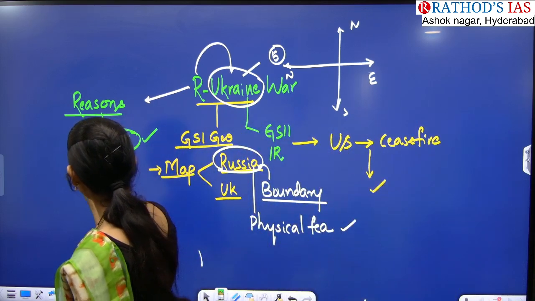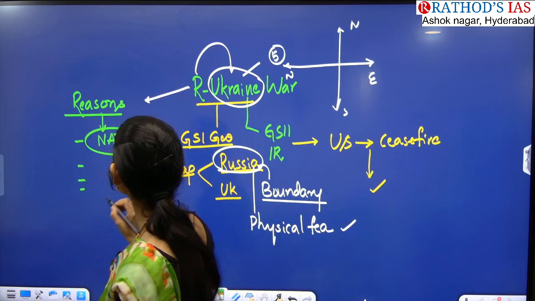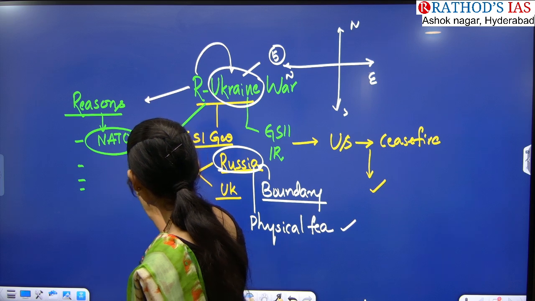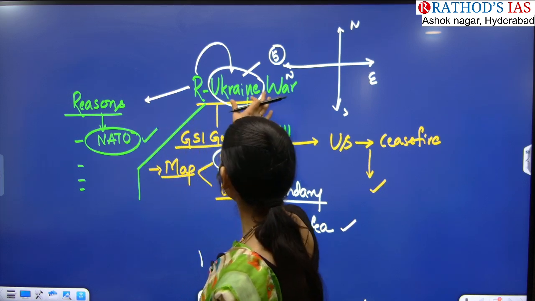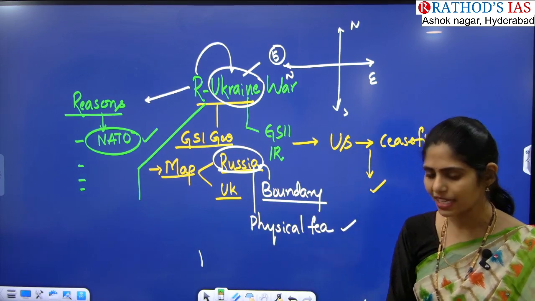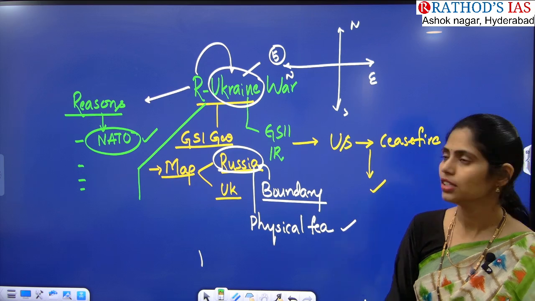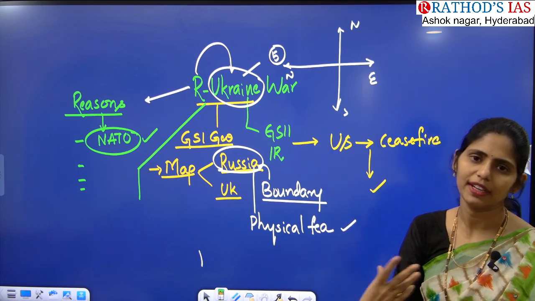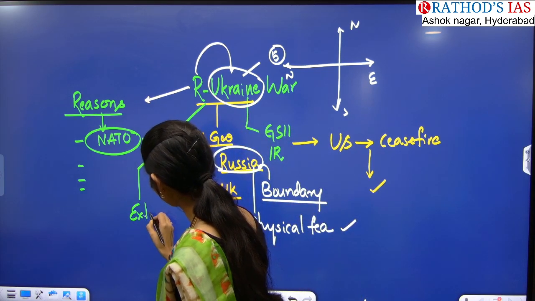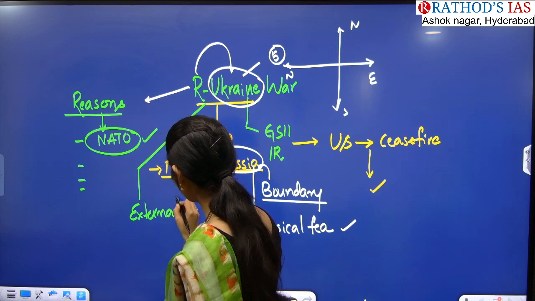Apart from that, you have to make a list of other reasons why the Russia-Ukraine war happened. Next, Ukraine is a very small nation and Russia is a very big nation, but it has been like 3 years that Ukraine is fighting against it. That means Ukraine is getting help from external countries.